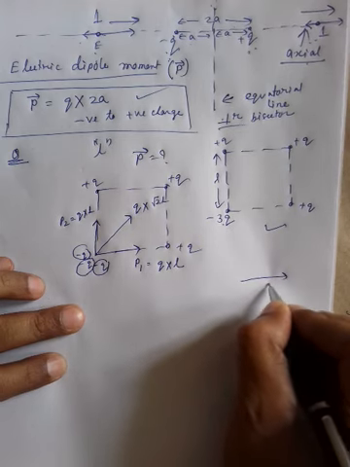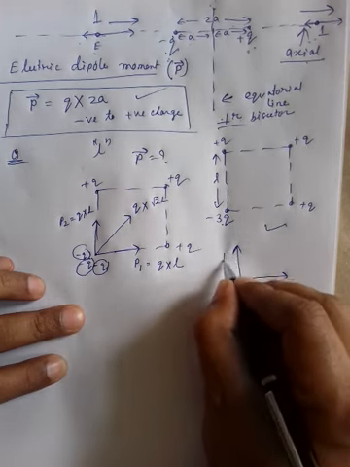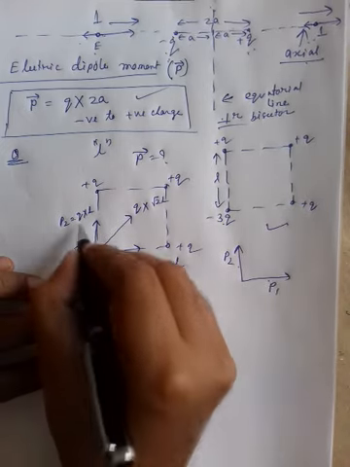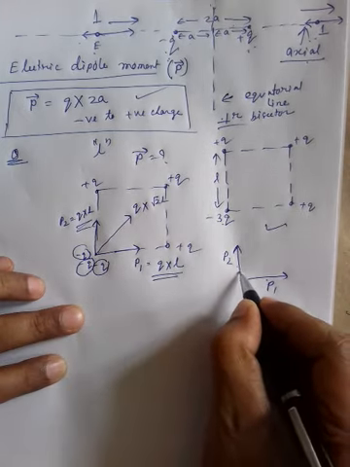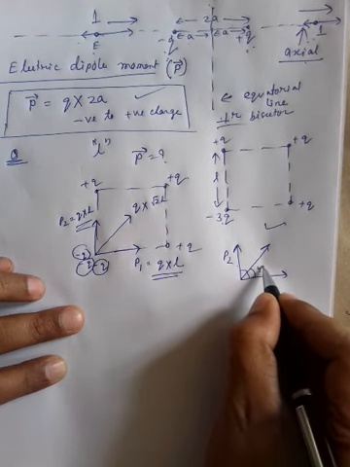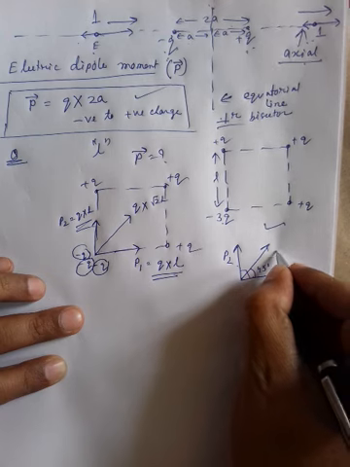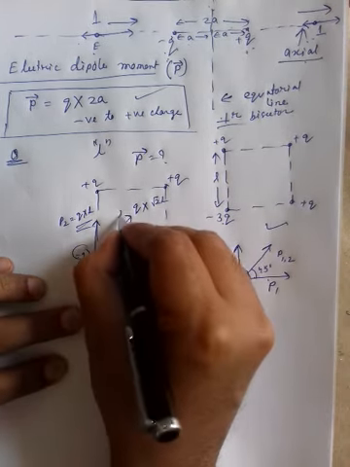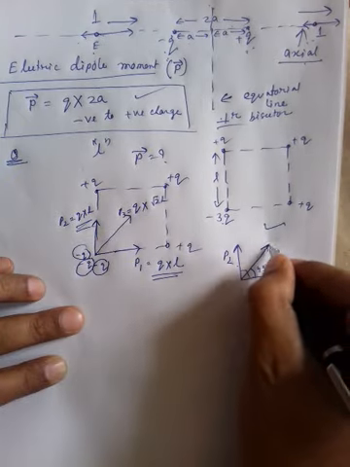One P1 is present on this side, one P2 on this side. As P1 and P2 are exactly the same in magnitude and the angle between them is 90 degrees, the resultant will pass through the middle, making an angle of 45 degrees. So this is the resultant of P1 and P2, and already on this side P3 is present.